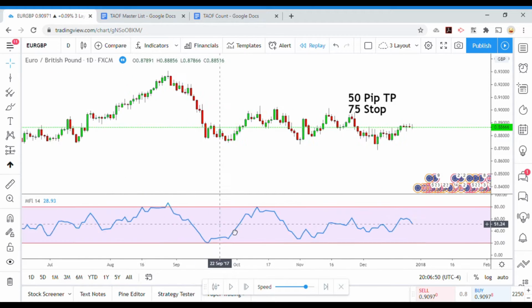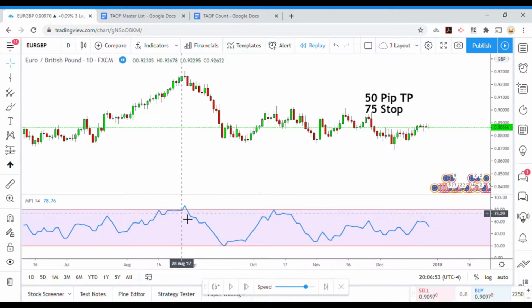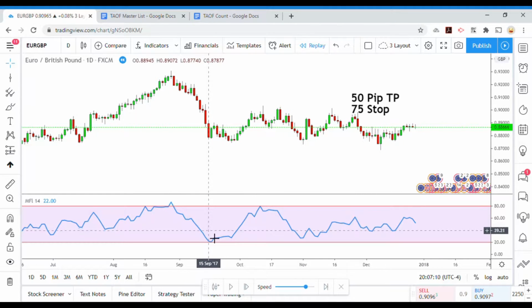So basically the money flow, like right here, would break up into the overbought zone. And then once it reverses and drops back down below the overbought line, we would go short. And we would do the same thing on the bottom side.